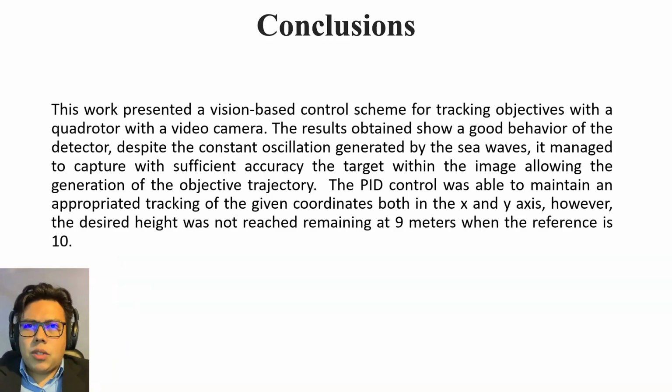It managed to capture sufficient occurrences of the target within the image, allowing the generation of the objective trajectory. The PID control was able to maintain an appropriate tracking of the given coordinates on both the x and y axes. However, the desired height was not reached, maintaining 9 meters when the reference was 10.